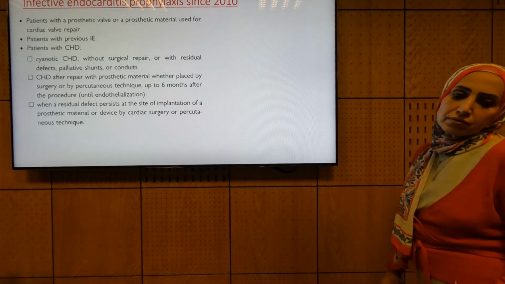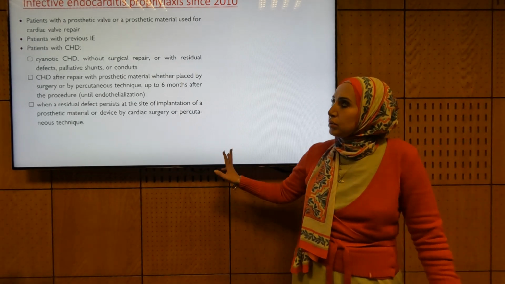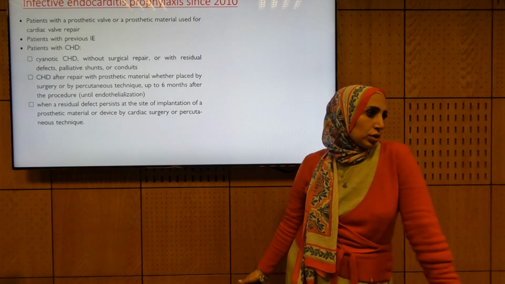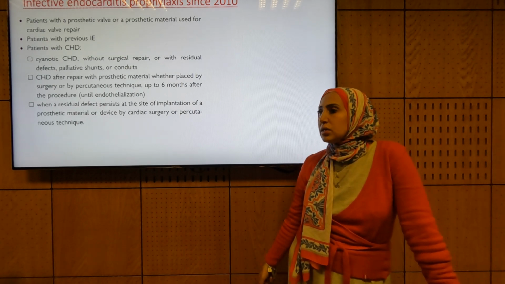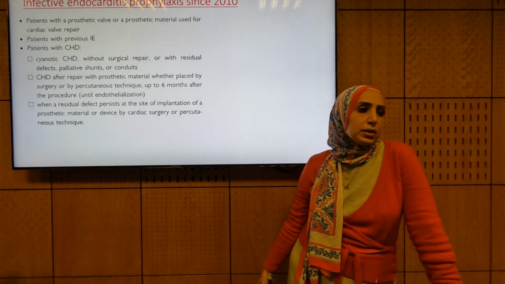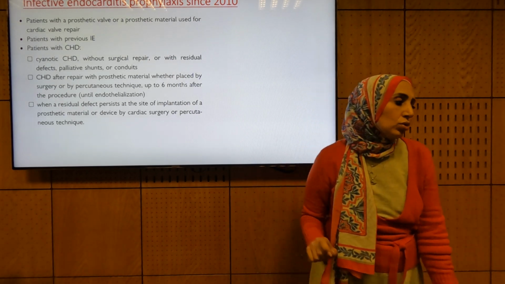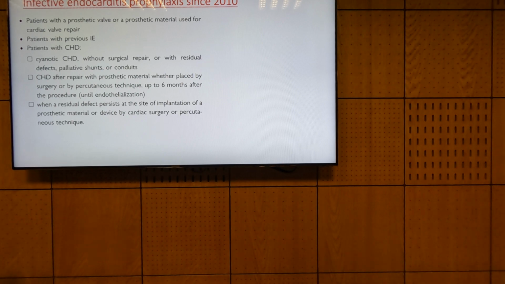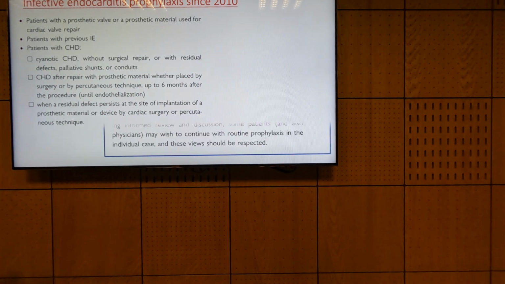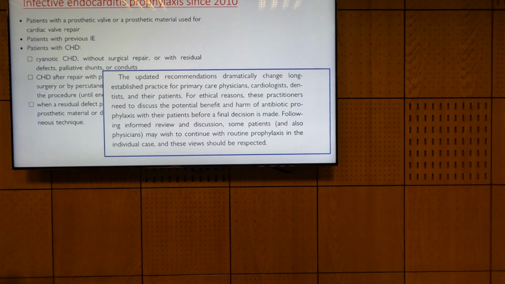Actually, they keep the infective endocarditis prophylaxis for 4 categories: if the patient had infective endocarditis before, if it's cyanotic, if there is a residual defect after repair, or use of synthetic material. None of them is the VSD, but they wrote in small letters that each country has to judge for itself about this updated recommendation.